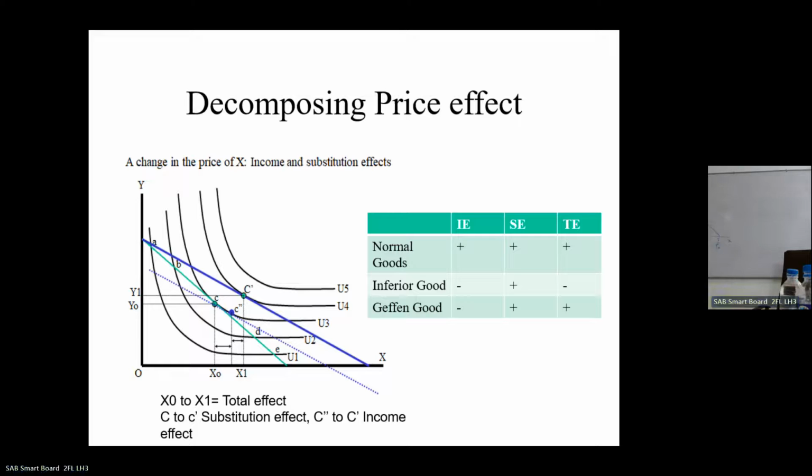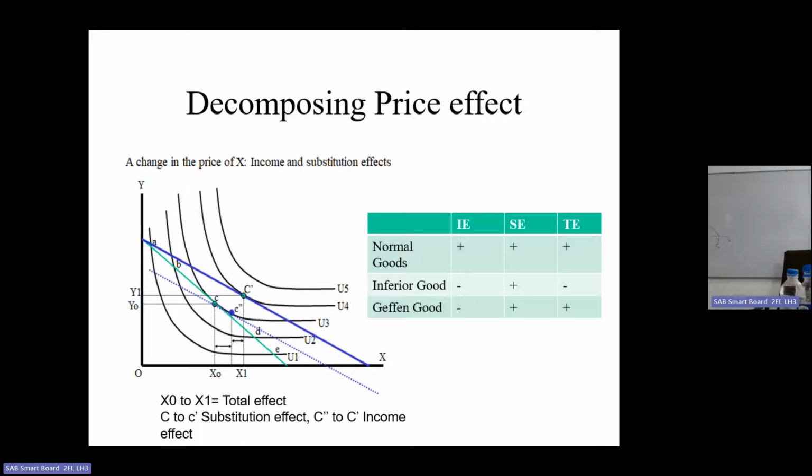Now, this is the tangent point. This is the quantity that we consume of product X, and this is the quantity that we consumed earlier.